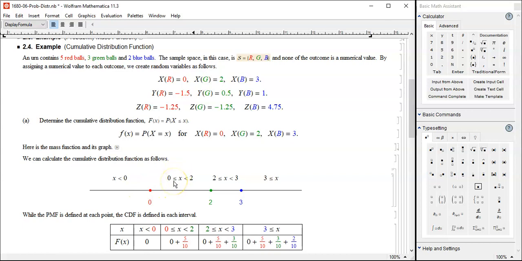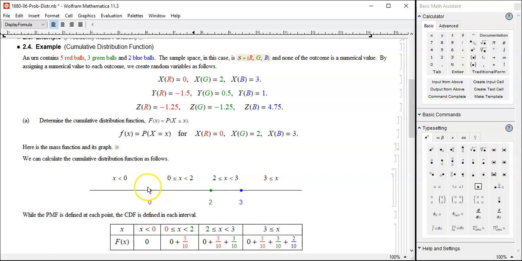The semi-inequality always goes to the left, and through these 4 intervals, we can assign cumulative probability. First, everything begins from 0 because for x less than 0, there's nothing. No point over here, so no probability. So the cumulative probability is 0. Now the second interval here. How many big dots to the left? There's only one.